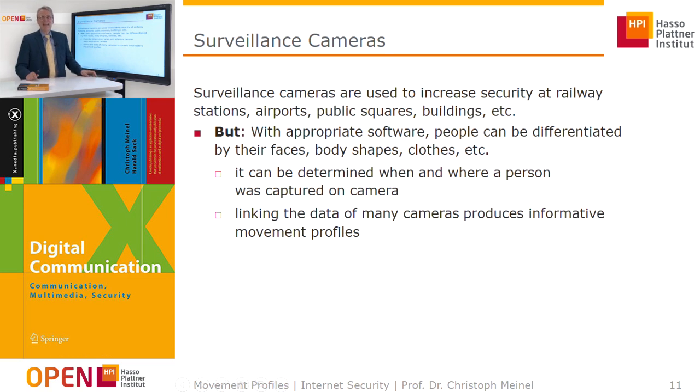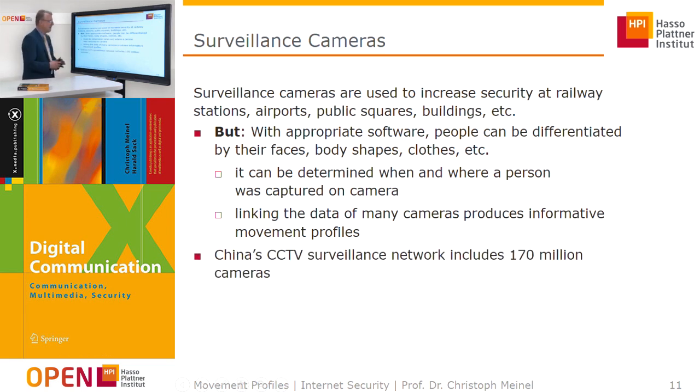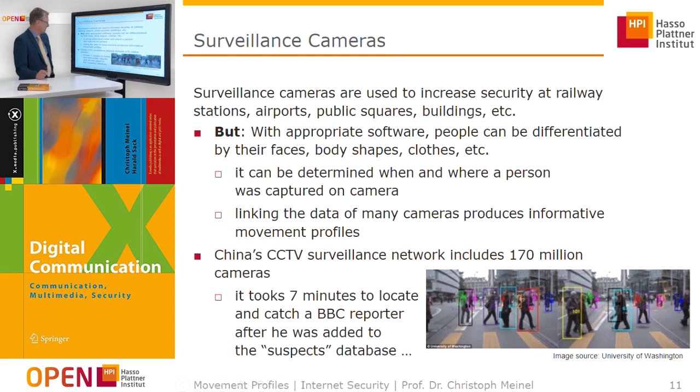And then this data can be linked to other data from other cameras. So one can not only see the movement inside the viewing field of a camera, one can also connect this with other cameras' viewing fields and then get an informative movement profile. For example, in China, the CCTV surveillance network includes 170 million cameras.